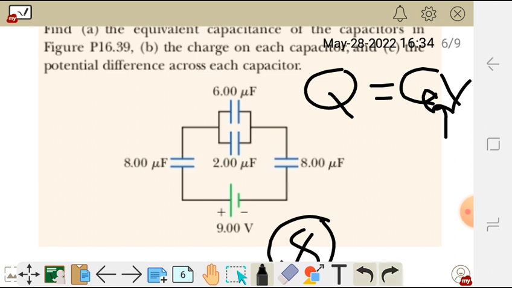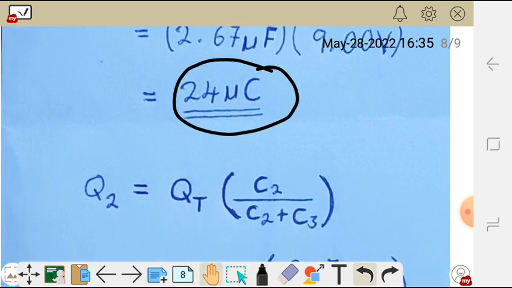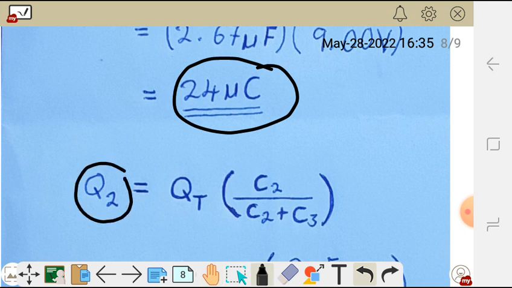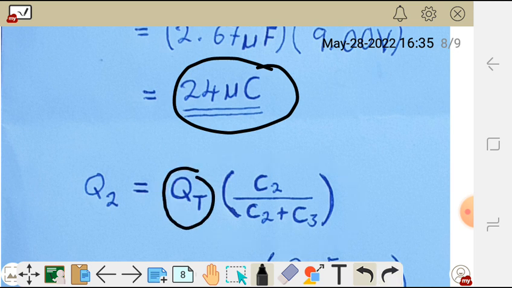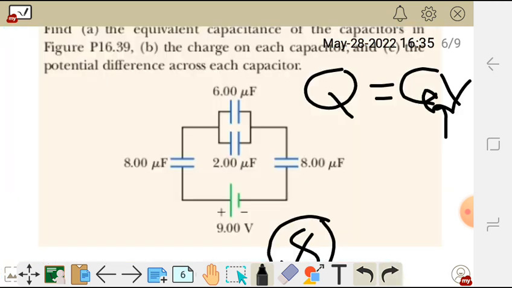To find the charge for these two, we are not going to use the same formula, but instead we use this formula here for Q2 and Q3. You get the total charge and multiply it with C2, the one you are looking for, over C2 plus C3.